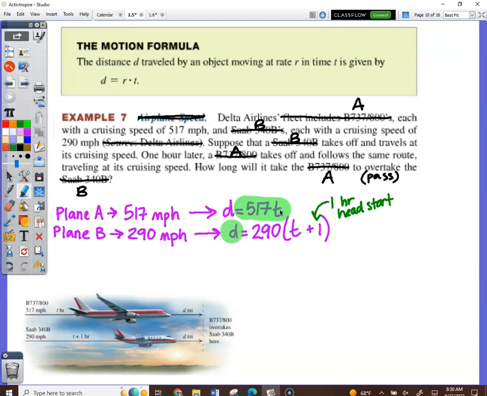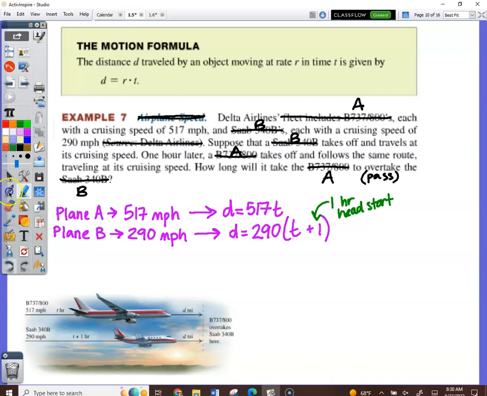So I can just set them equal since they're both equal to D. It's the transitive property. If A is equal to B and B is equal to C, then A is equal to C. Does that make sense? So if this mess is equal to D, and this mess is equal to D, then the two messes have to be equal to each other.